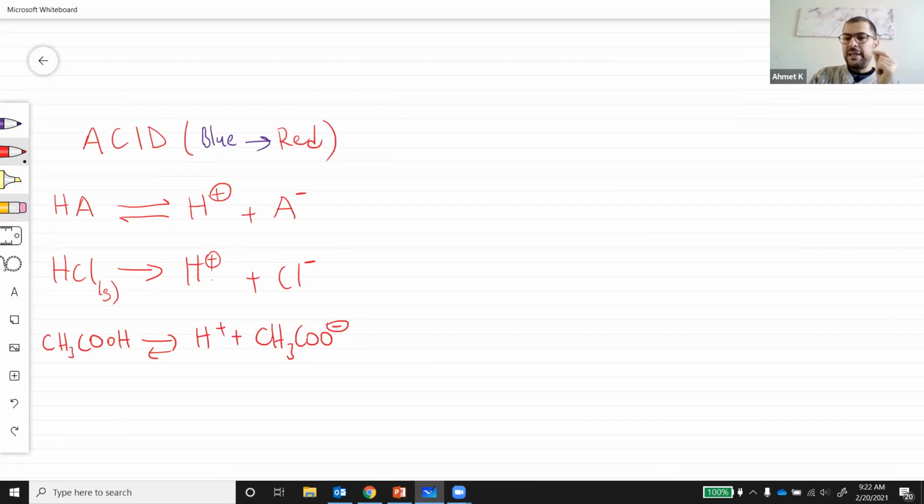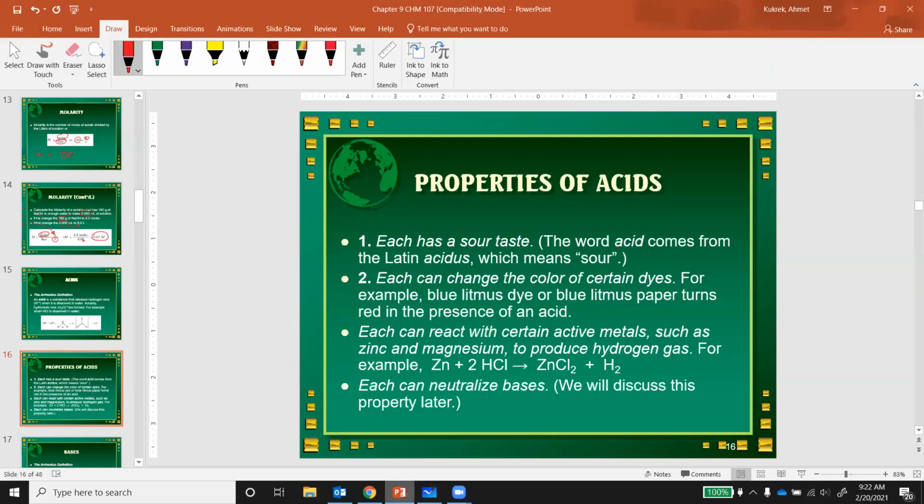We're going to talk about the pH scale in a little bit, but this is another example. It can also react with metals. Remember the single replacement reaction? It can do a single replacement reaction with metals, and it can neutralize bases. So again, these are the properties of acids.